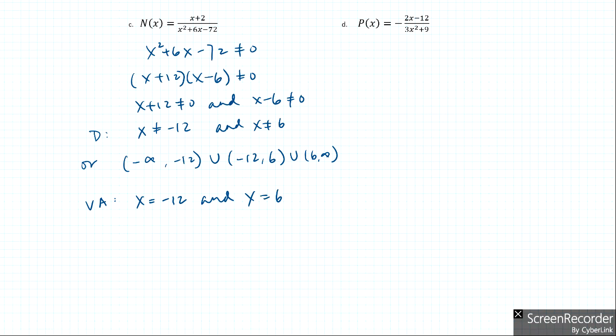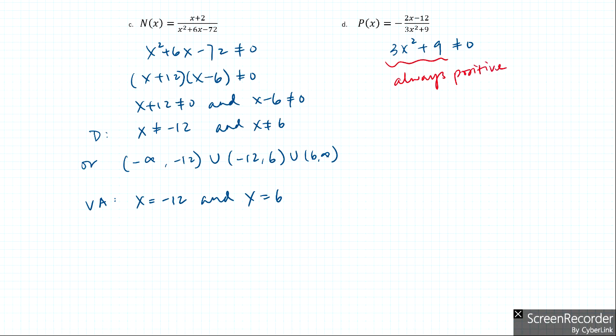And lastly, for part D, we start off with setting denominator doesn't equal to 0. And right away, I hope you recognize if we have a square term and plus some number, we should always have this result being positive, because 3x squared is non-negative, it's at least 0 or larger, and adding 9 would always make it positive.